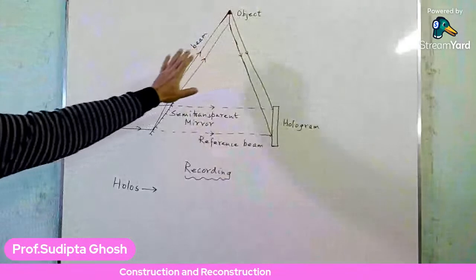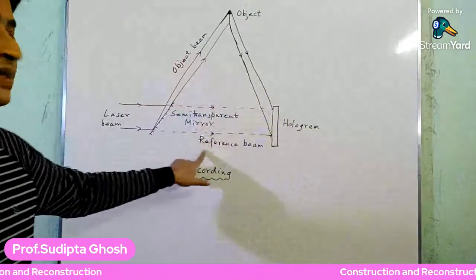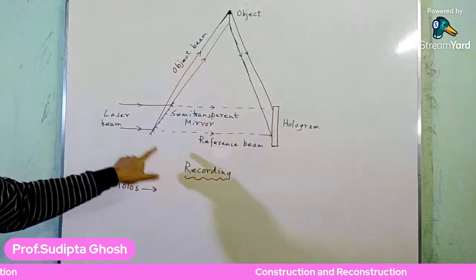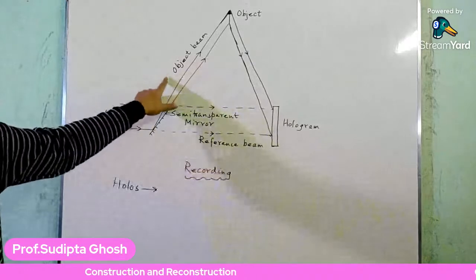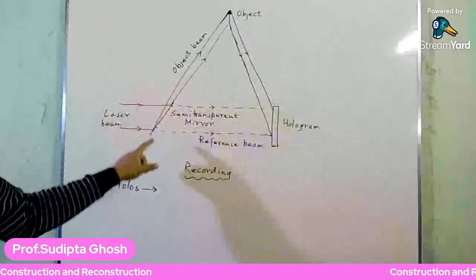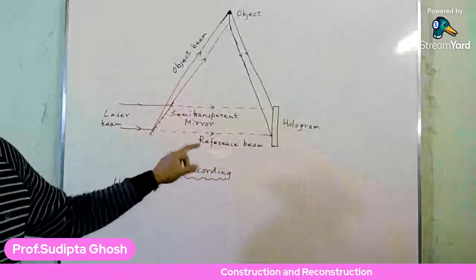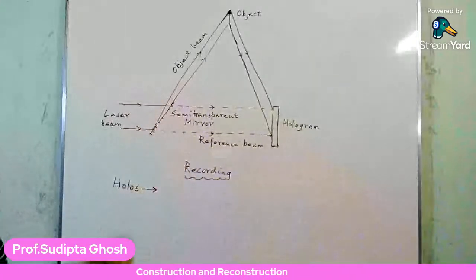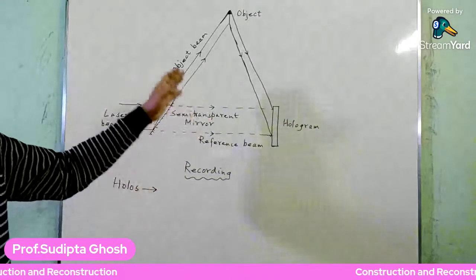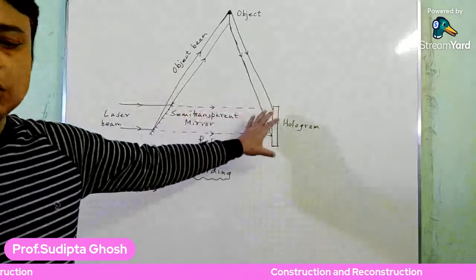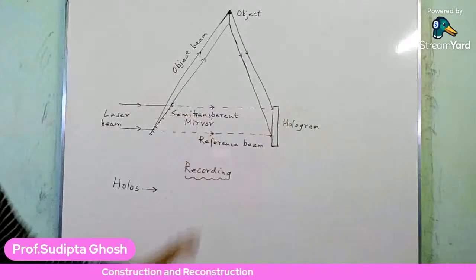Then the other beam is the phase related reference beam. The object beam carries the intensity distribution, and the reference beam carries the information of the phase. These two beams fall directly on the film, and this film actually records the hologram.